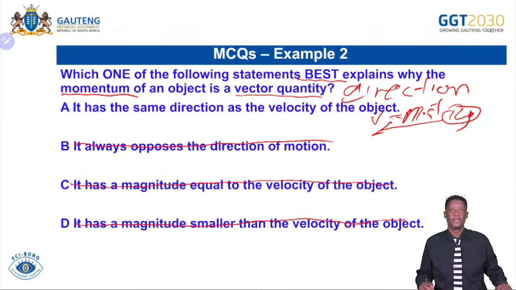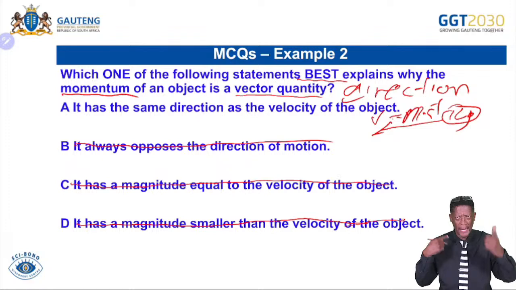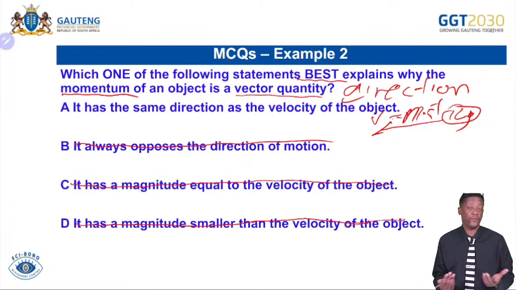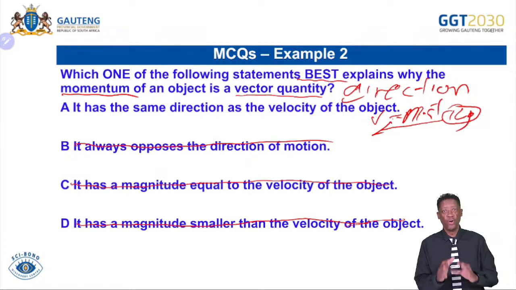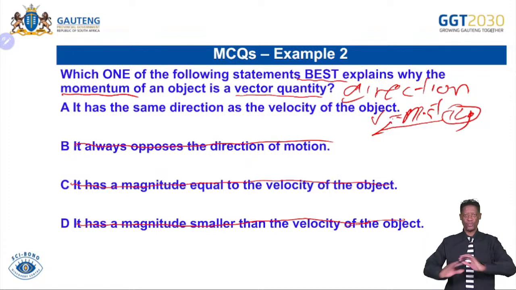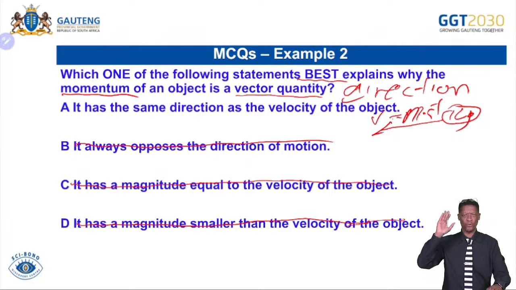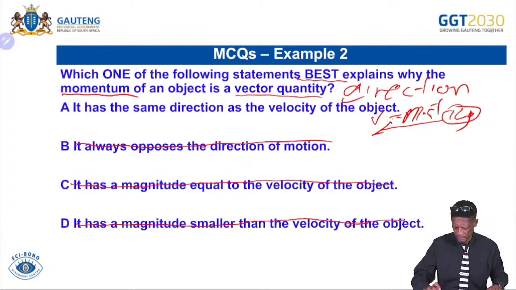Then you will get the correct answer as you read along and remember what you have learned. But if you don't study, even if you can read, you won't make it. I know you are good learners, and you are going to get 20 out of 20 in the multiple choice questions. All right.